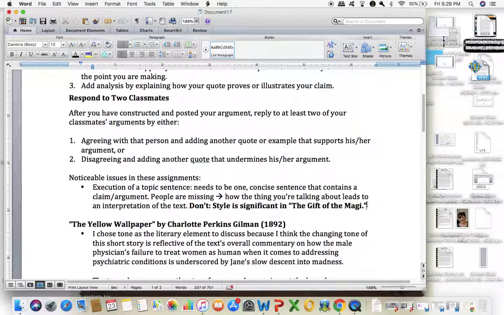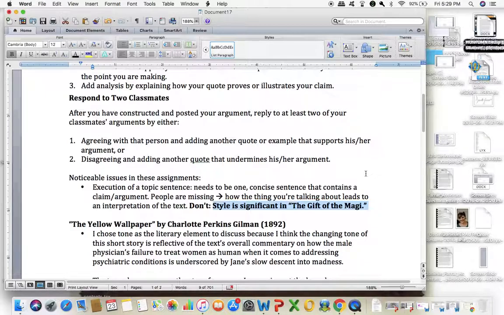So for example, if I was talking about style in The Gift of the Magi, your first sentence, your topic sentence, and the topic sentence is a mini thesis, should talk about what specifically the style is that you're referencing in The Gift of the Magi, but then also, more importantly, how does that factor into an interpretation of the text?